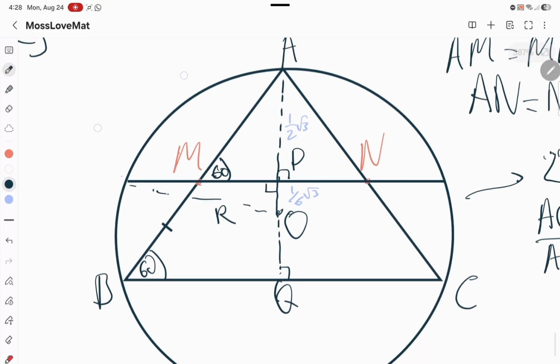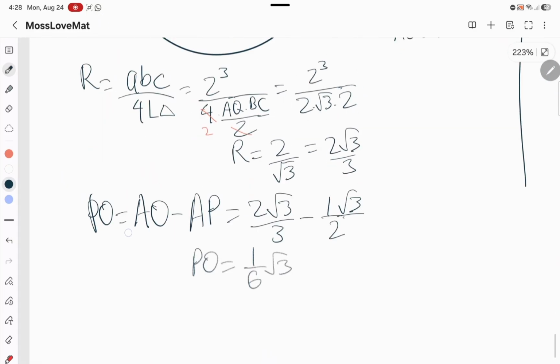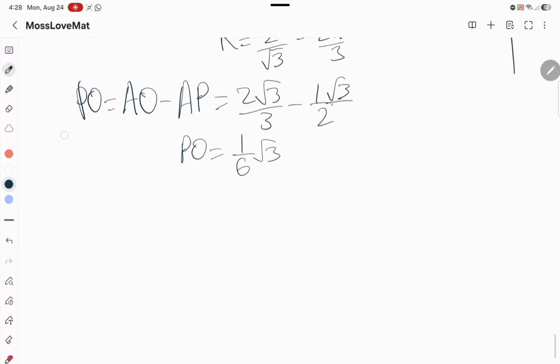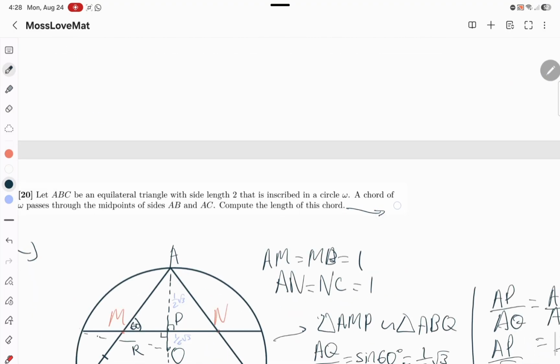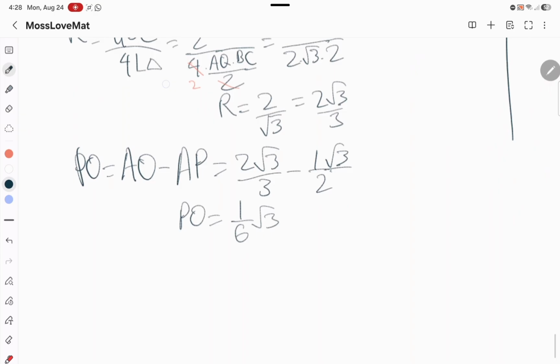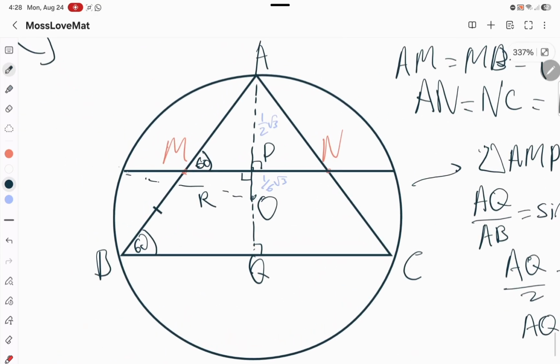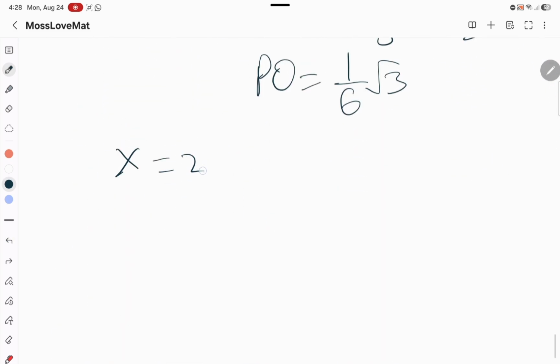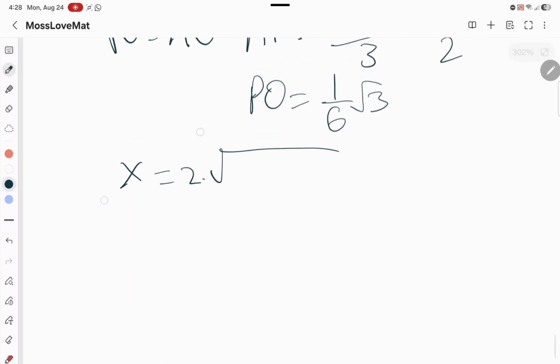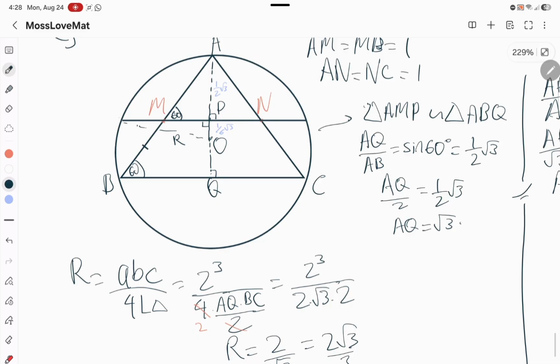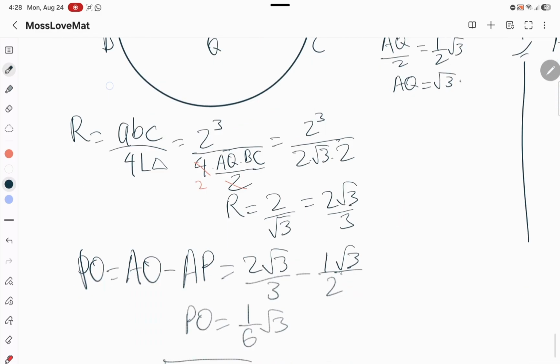Okay, so the chord, let's say x, is 2 times root of the radius squared minus PO squared.